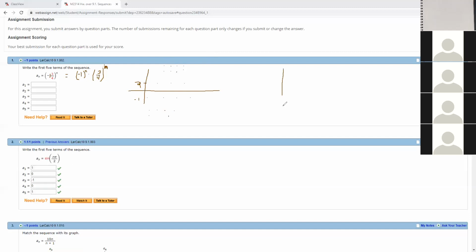Okay, so let's see what kind of alternating type this one actually is. It's not this. We find out by getting the points. You can leave it like this or just leave it the way it was, either way. So if we leave it like this, let's just fill these in.